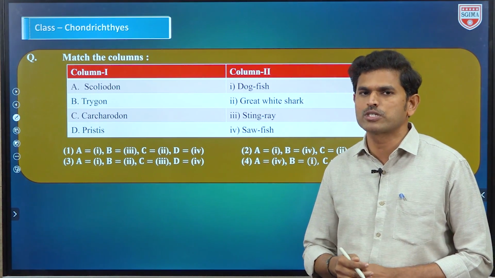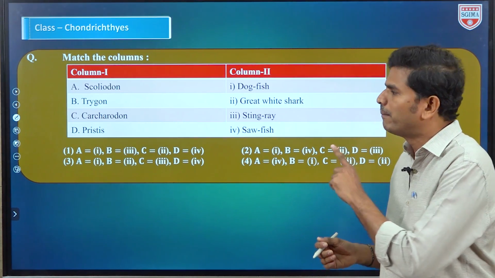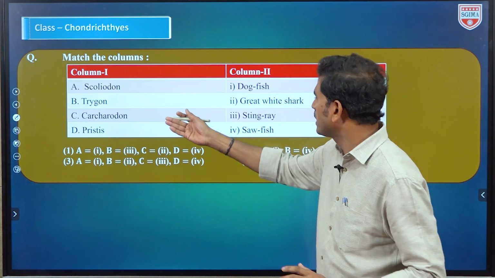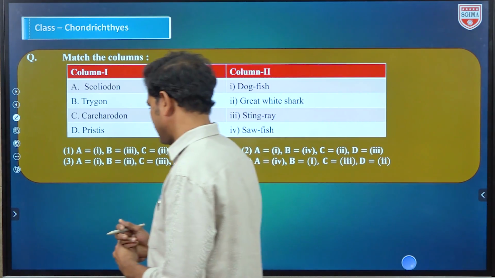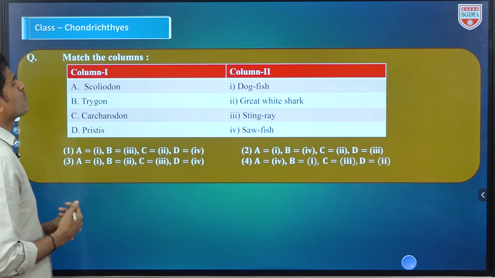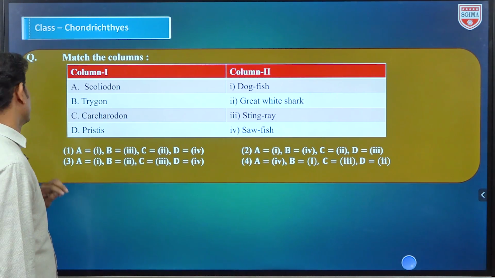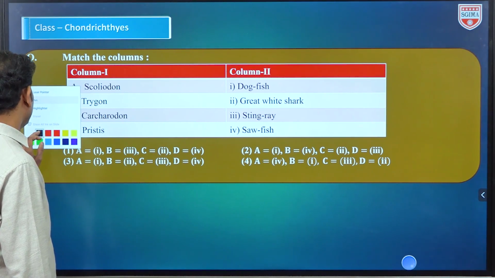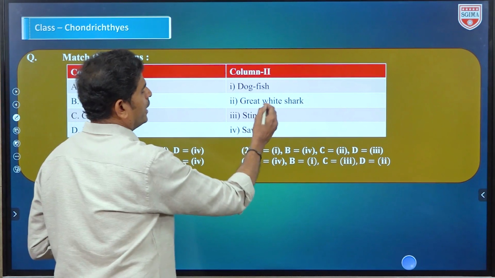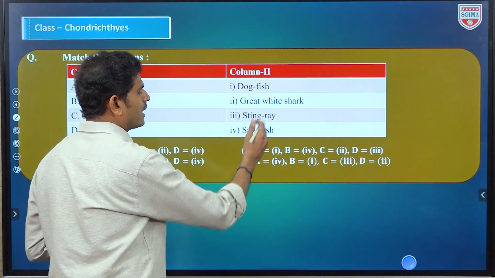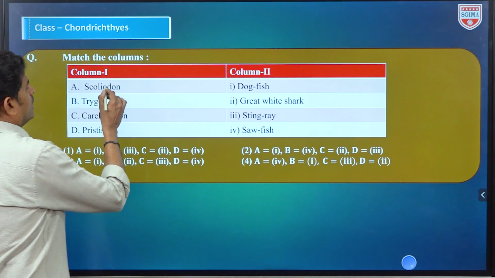We may expect that in question papers, one question may be compulsory match the following, especially scientific names and common names. Now let us see. Column 1: Scoliodon, Trygon, Carcharodon, Pristis. Column 2: dogfish, great white shark, stingray, sawfish. We are going to match now.